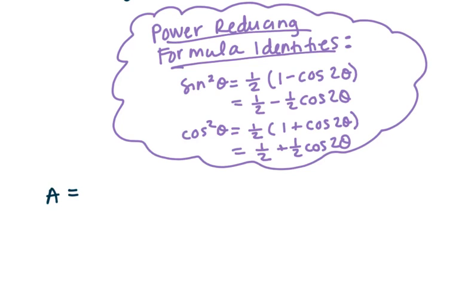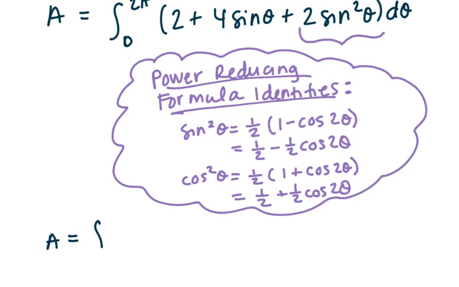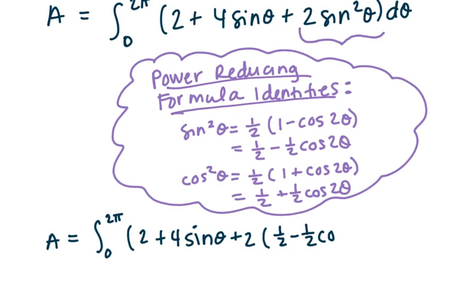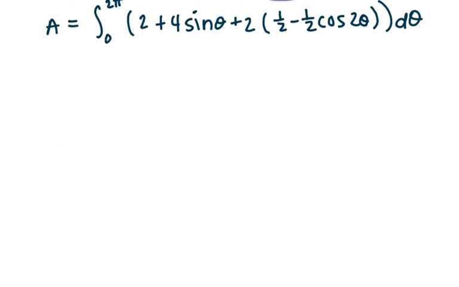using that. So it would become A equals the integral from 0 to 2 pi of 2 plus 4 sine theta. We had no problems with those. Those were great. But now instead of plus 2 sine squared theta, I'm going to have plus 2 times 1/2 minus 1/2 cosine 2 theta. And I can actually take it from here, right?